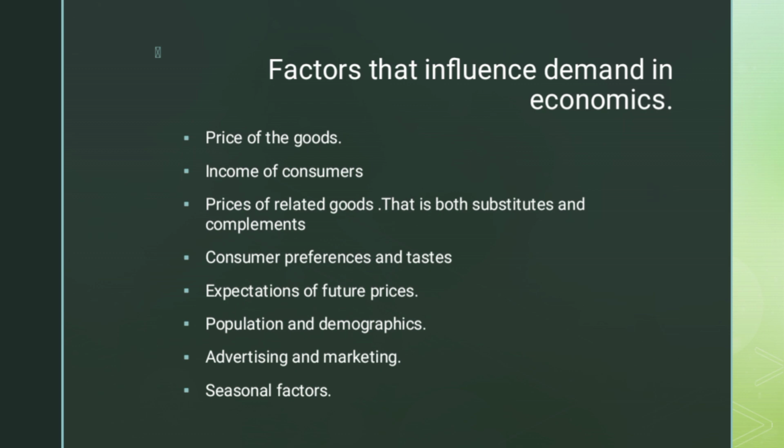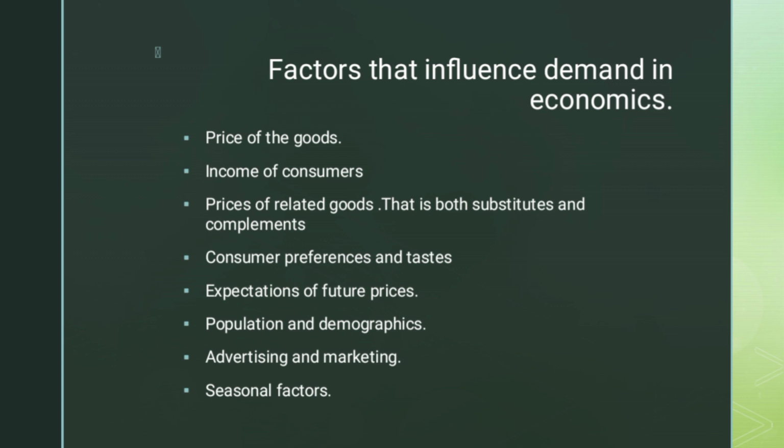This is the basic principle of the law of demand. The next point is income of consumers, and under this we are going to explain that higher income usually increases the demand for goods and services as people have more purchasing power. Conversely, lower income can reduce demand.